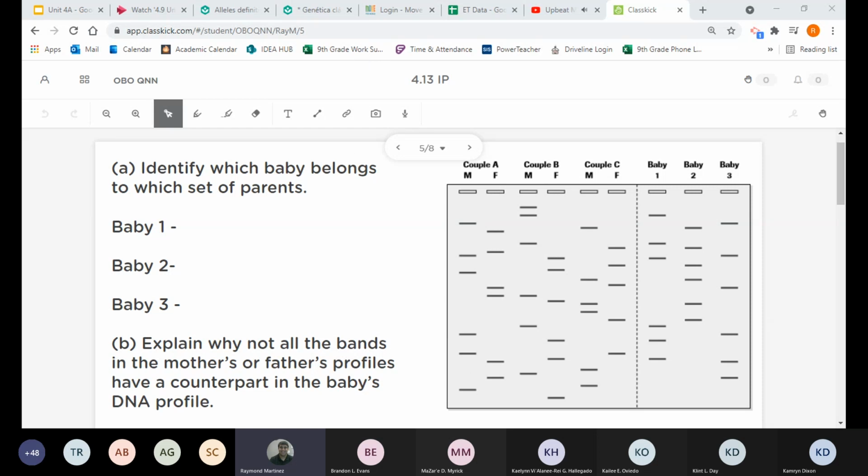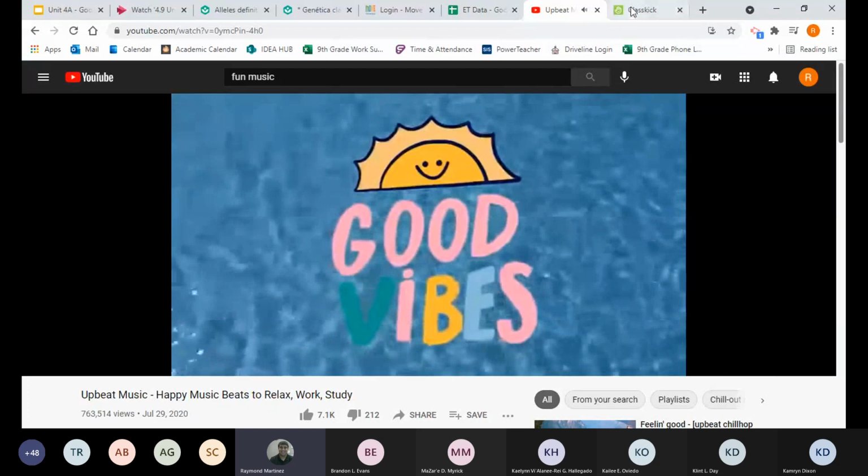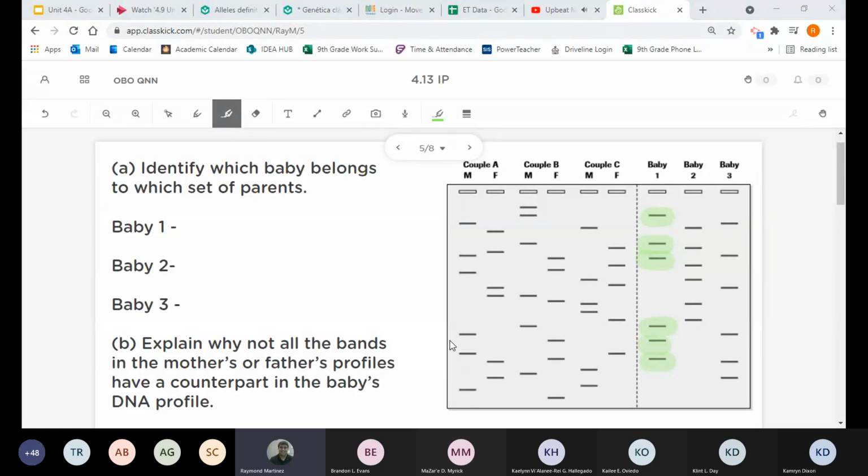Again, in the chat box, let me know baby one's parents. Seeing some mention in the chat box, I like it.